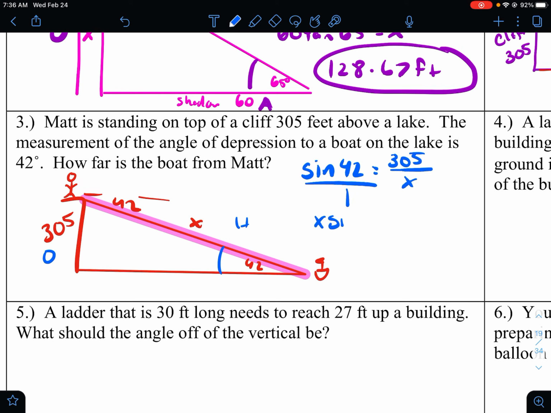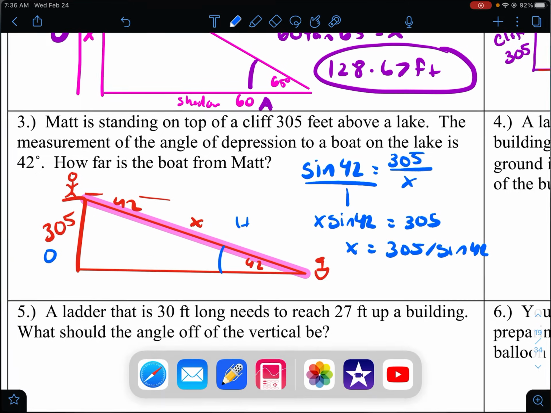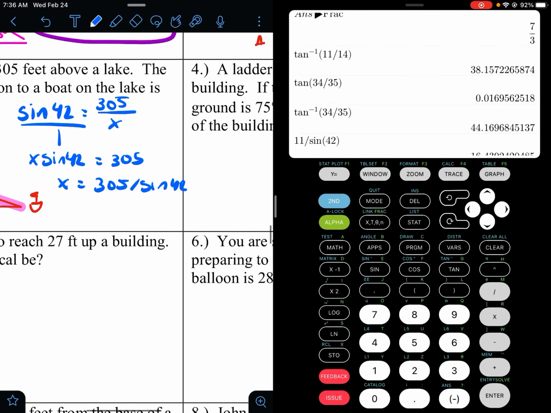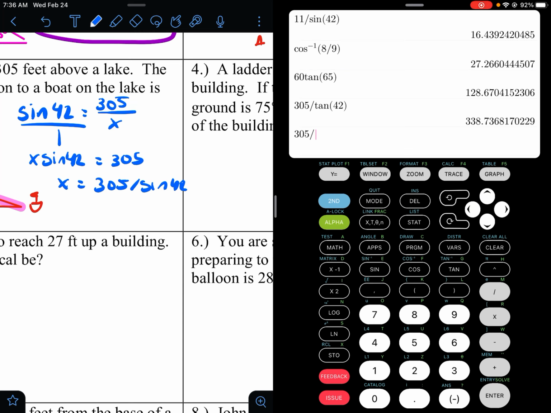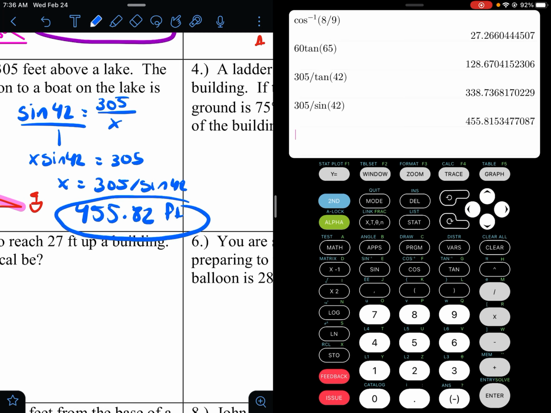So we cross multiply and divide, and we get x equals 305 divided by sine of 42. Then I'll pull up my calculator again here, and we get 455.82. Very nice.